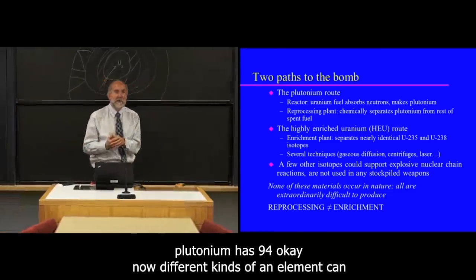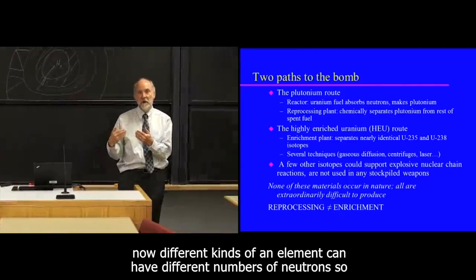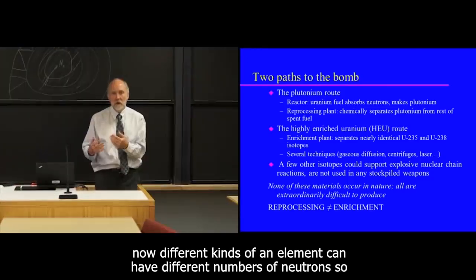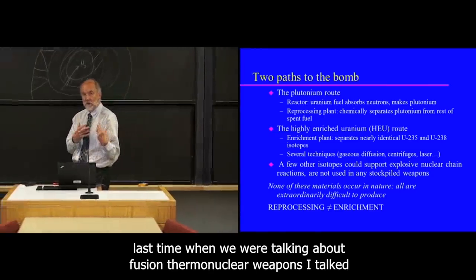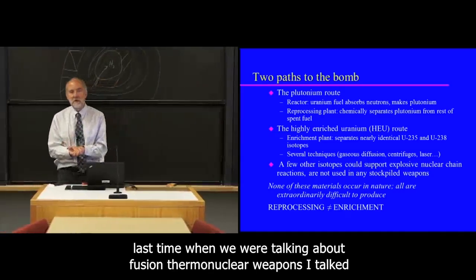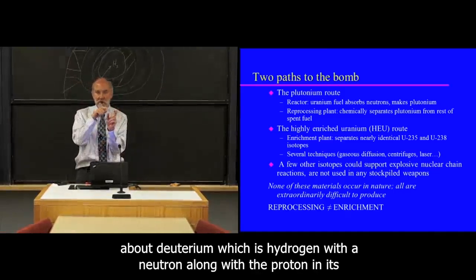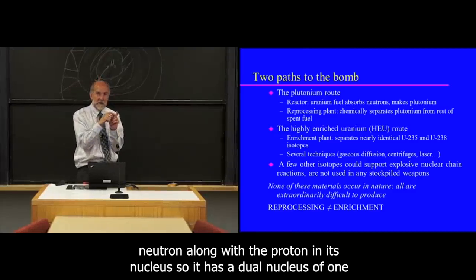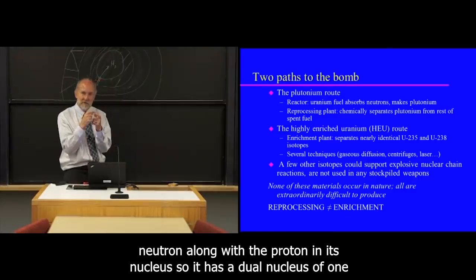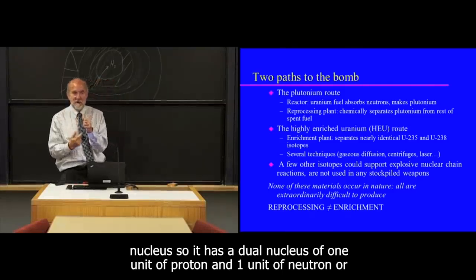Now, different kinds of an element can have different numbers of neutrons. So last time when we were talking about fusion thermonuclear weapons, I talked about deuterium, which is hydrogen with a neutron along with a proton in its nucleus. So it has a dual nucleus, 1 unit of proton and 1 unit of neutron.